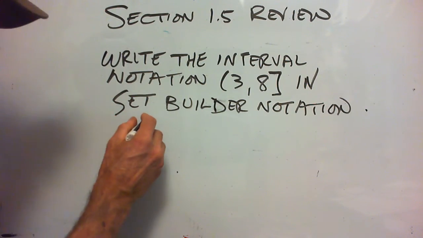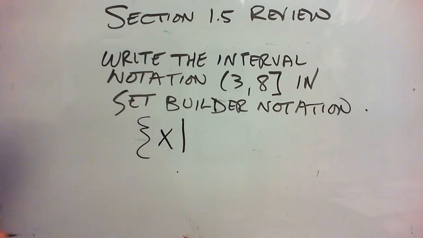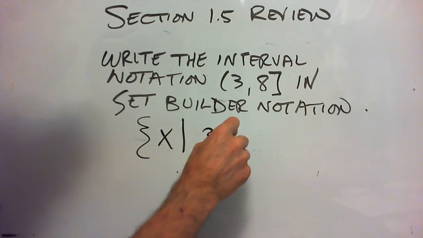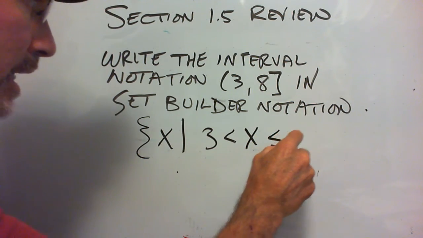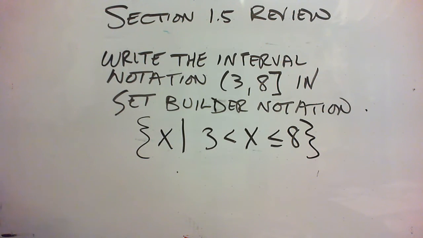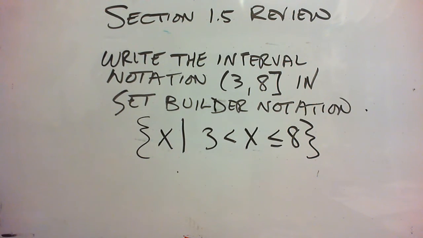So our set builder, you always have the squiggly bracket x line. It always starts that way. So our interval goes from 3 to 8. So it's 3 less than x less than or equal to 8. And that's your set builder notation.